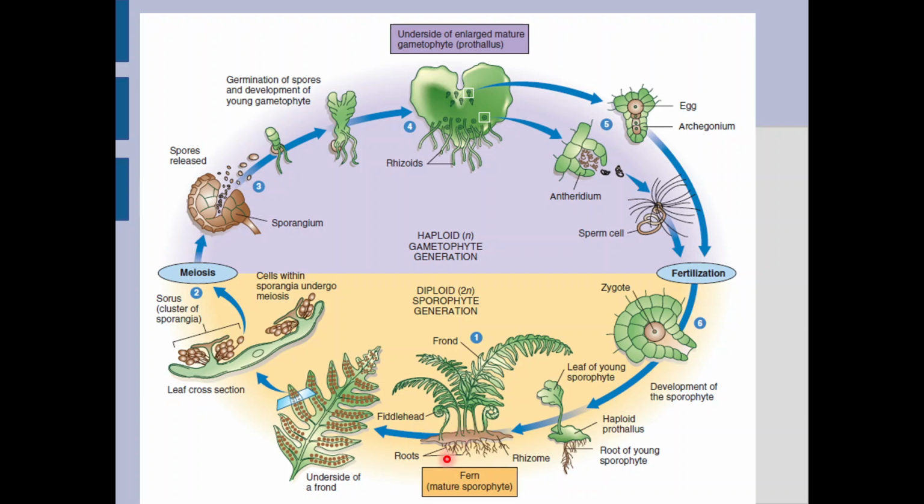It has roots and also the leaves that are called fronds. So, rhizome, roots, and frond. The fronds have two functions: photosynthesis and reproduction.